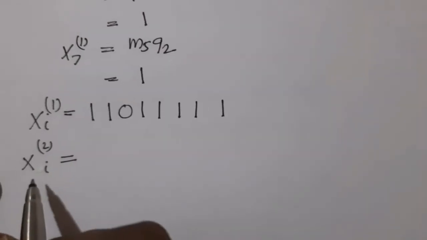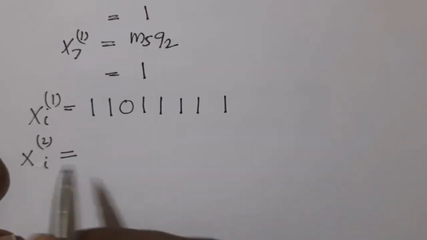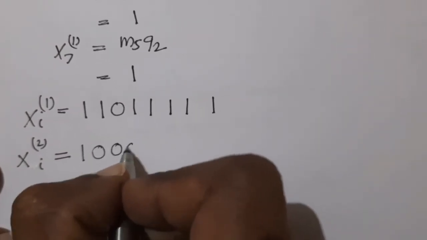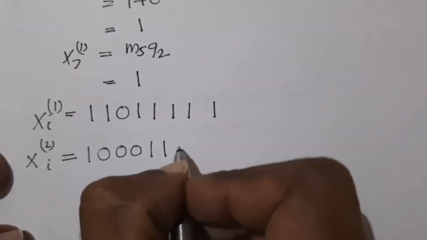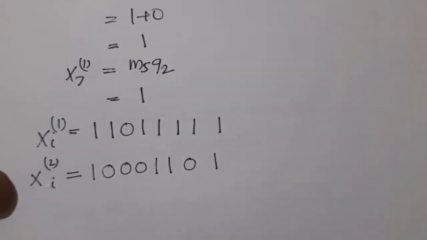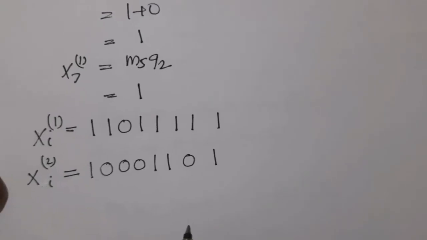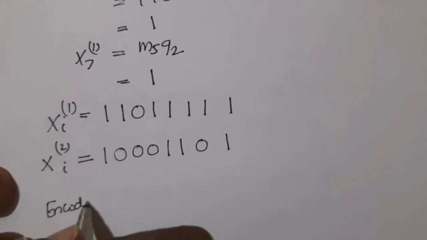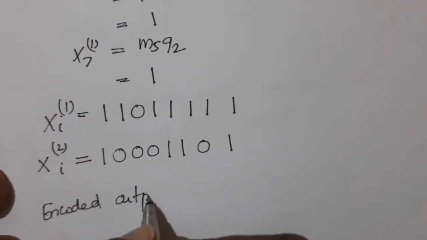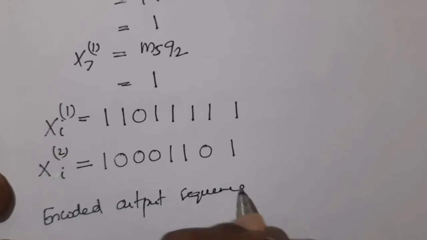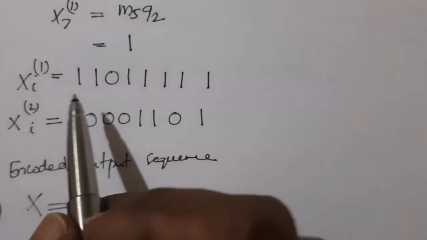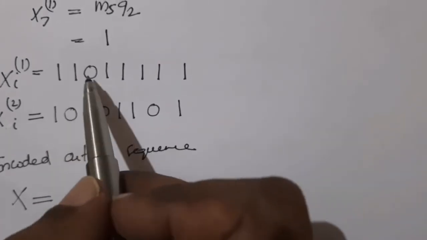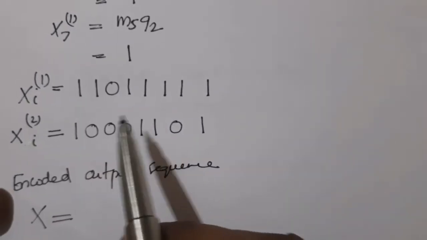Similarly, you can find xi of 2 and you will get it as 1, 0, 0, 0, 1, 1, 0, 1. So you can do it as a homework. Now the encoded output sequence can be written as x equal to 1, 1, 1, 0, 0, 0, 1, 0, like this.